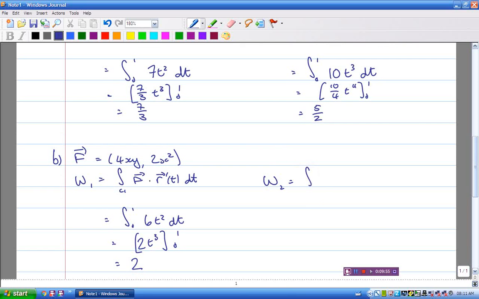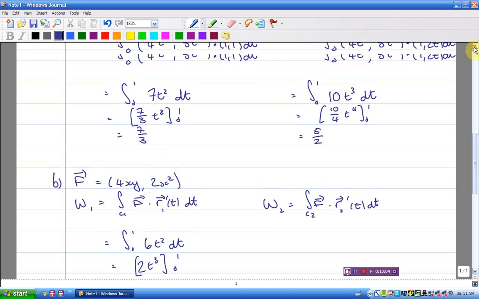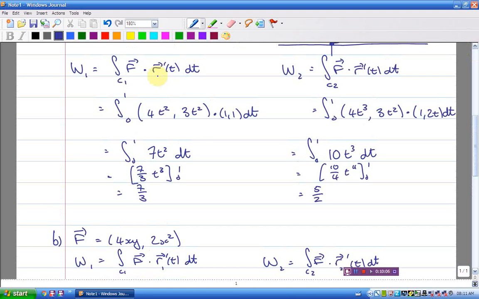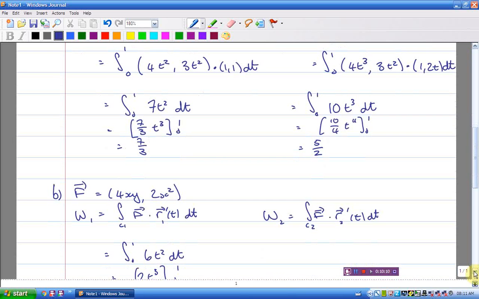Work 2, similar. There's a 1 there, there's a 2 there. So let me go back. I think I forgot my subscripts and the r's just now. A 1 and that should have been a 2. Okay. And instead of 4t cubed plus 6t cubed, I'm going to have 4t cubed plus 4t cubed.